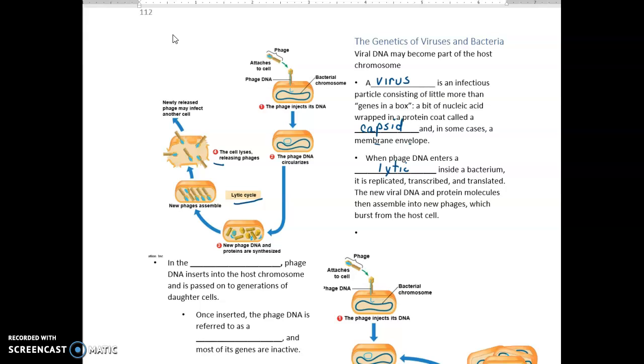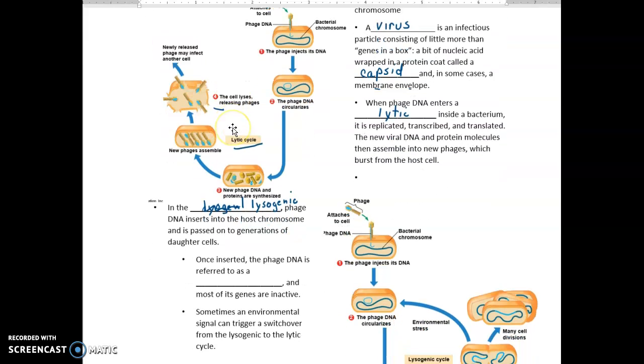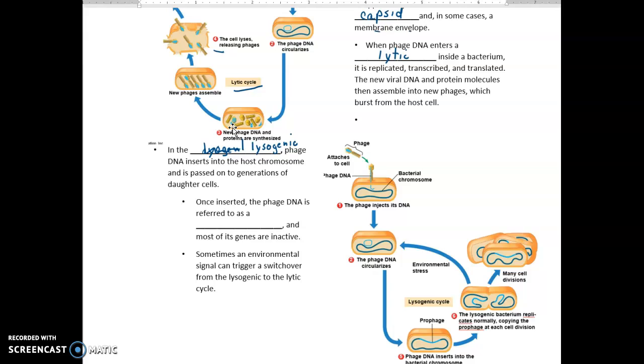We can also have a phage in a lysogenic cycle. And in this phage, the DNA is inserted into the host chromosome and can be passed on to daughter cells.